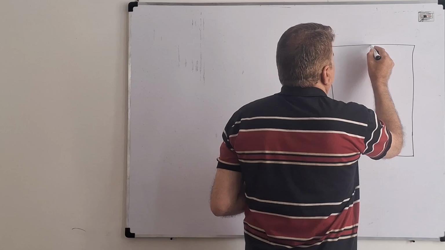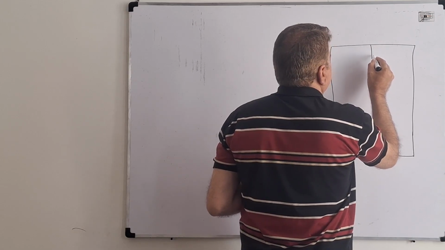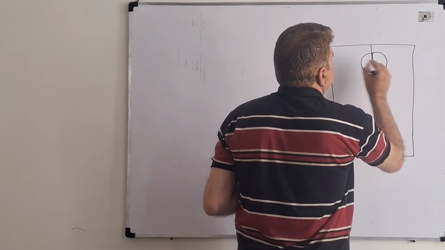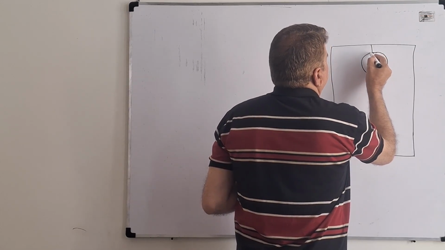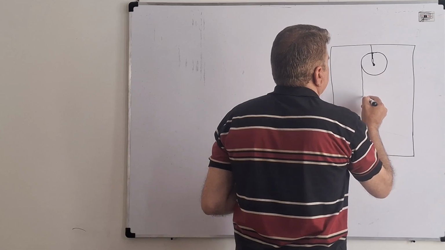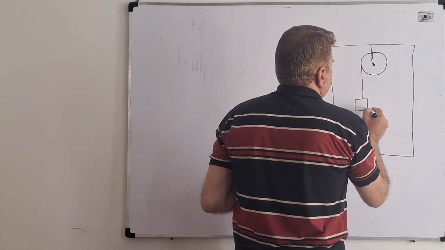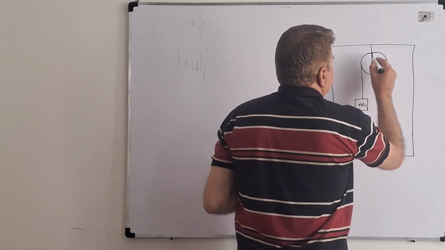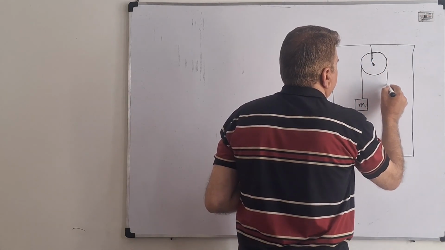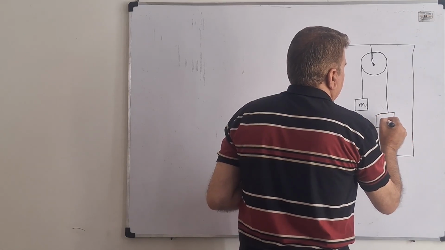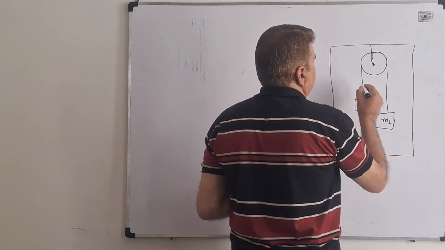And inside the chamber, I fix a pulley and I pass a thread over it and I connect a mass M1 to this end and mass M2 to this end.